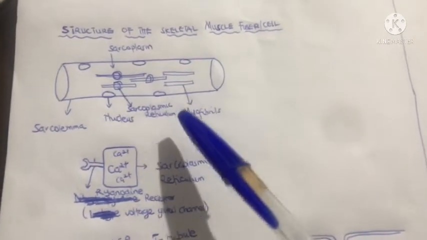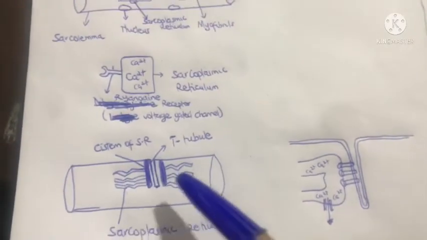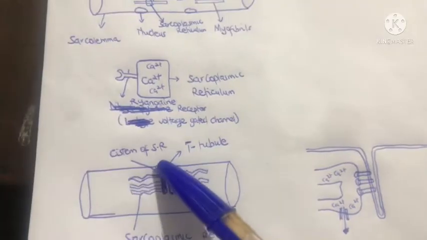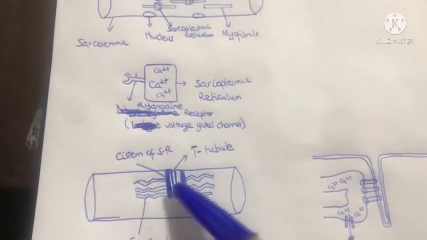which is the cytoplasm of the muscle fiber. So when you look at the muscle cell, the skeletal muscle cell, you see that from the surface, which is the sarcolemma, there is this invagination called the T tubule.